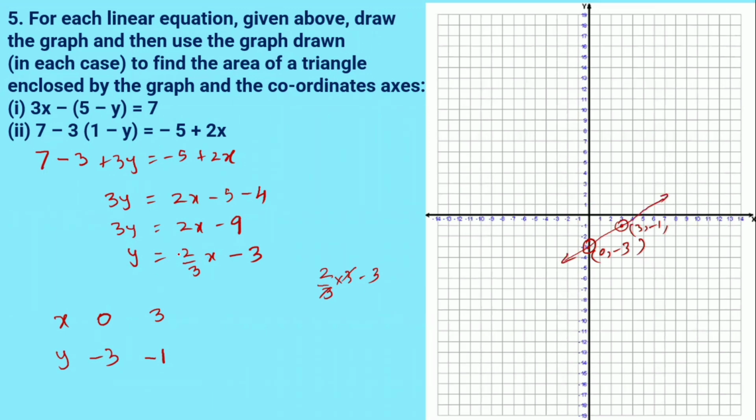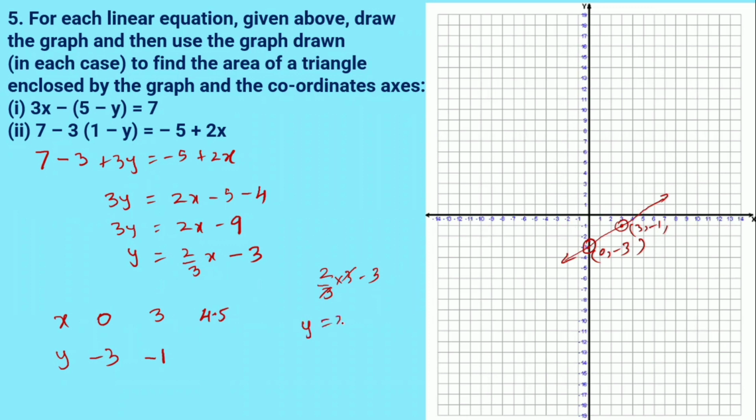How will I get the value of x when y is 0? If it is 2 by 3 x minus 3, and if you want y as 0, then x is 4.5. If you take x as 4.5, do you get the value of y as 0?